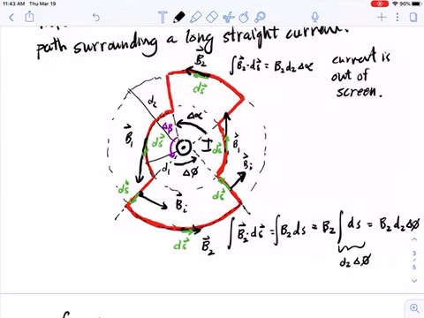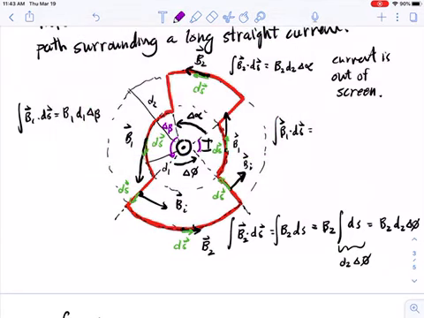Well, for this section, the integral of b1 dot ds would be equal to, instead of b2, we'd get a b1. Instead of a radius d2, we would get a d1, and now the angle is delta beta. Finally, we have one more little arc section, and from this one, b1 dot ds would be equal to, well, we have to label another angle.